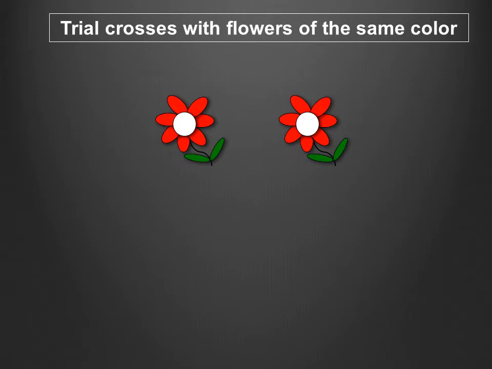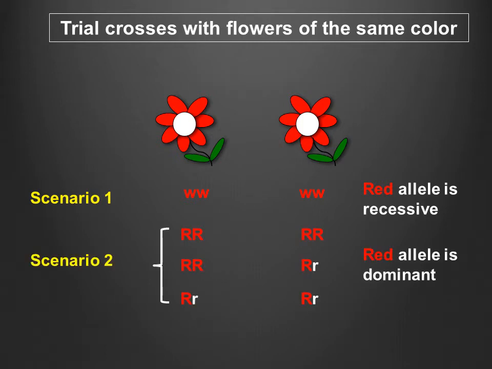Let's start with a cross of individuals with the same phenotype, in this case, plants with red flowers. In the scenario that the red allele is recessive, the only possible genotype for both plants is homozygous recessive. However, in the scenario that the red allele is dominant, there are three possibilities.